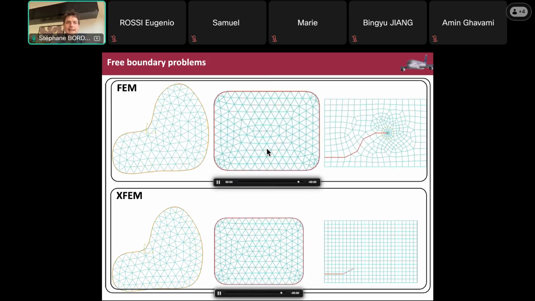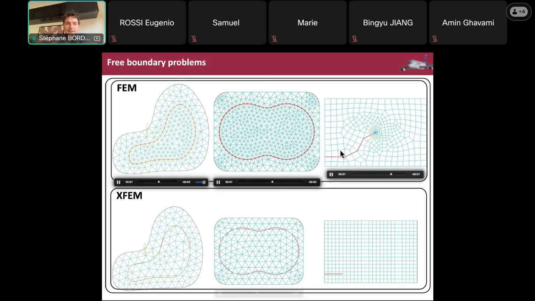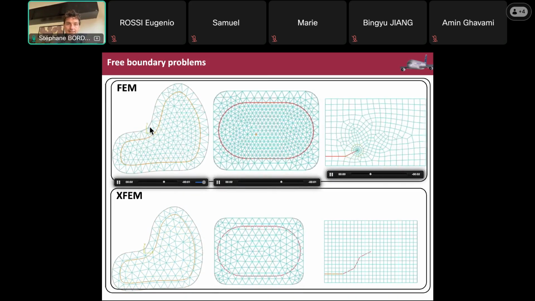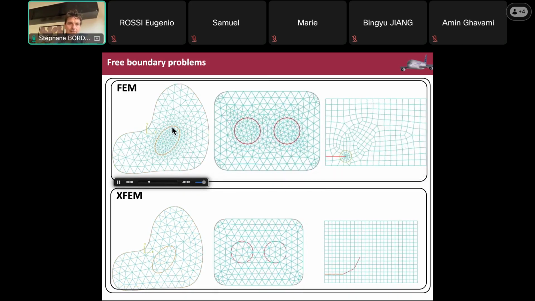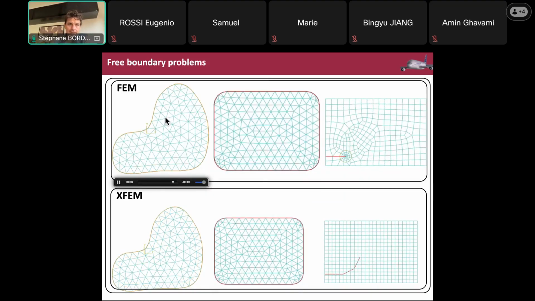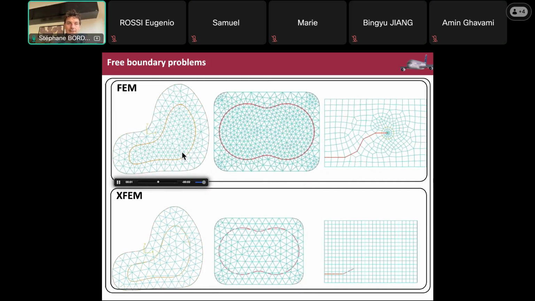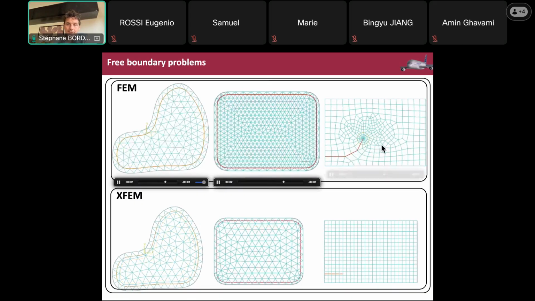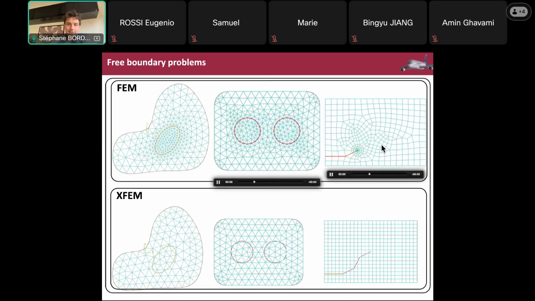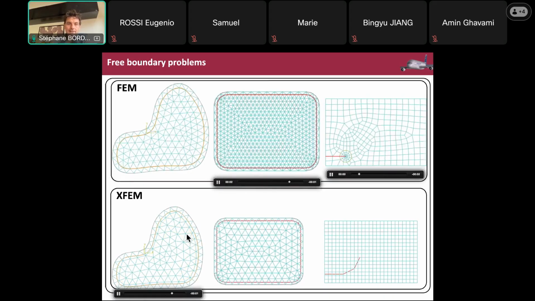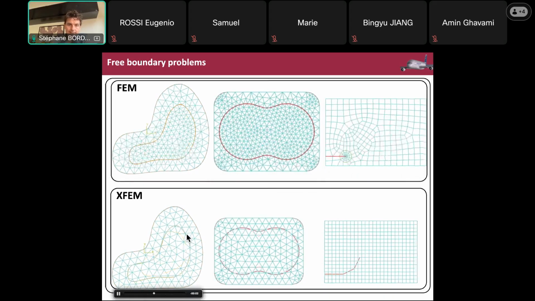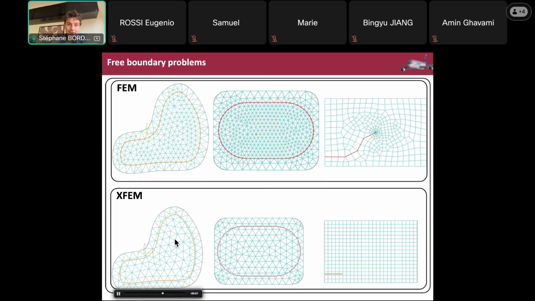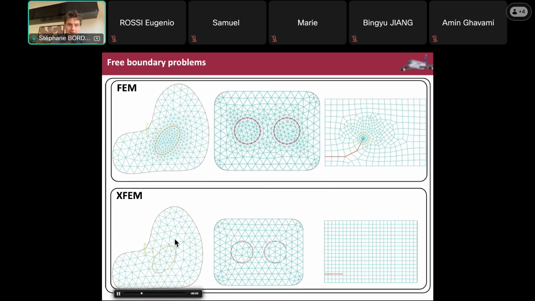And the top cases here, you see the generic approach where the mesh, which is these little triangles, follow the discontinuity. So the mesh actually follows that line here in the middle and on the right. And on the bottom case, you see the partition of unity approach, where the discontinuity, so that line that is growing, does not need to be meshed explicitly.